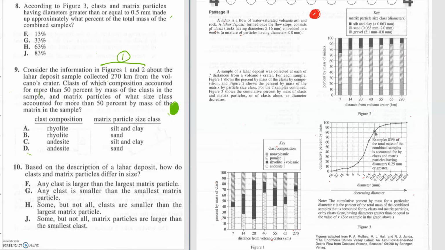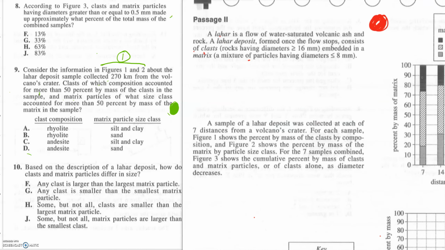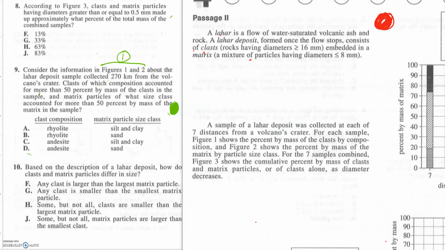We find the graphs or the figures that we're looking at. About the Lahar Deposit, and if you did the earlier questions, you know that we read the first 3 sentences. I'm going to enlarge this. The Lahar Deposit is formed once the flow, Lahar, is water saturated volcanic ash.